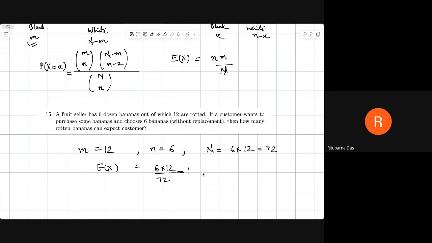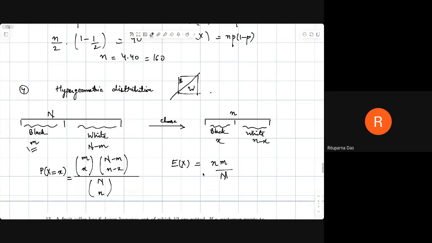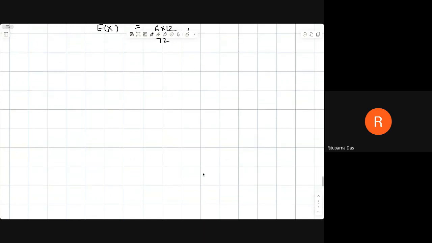Okay, so this is one more important distribution, the Poisson distribution. This is also a discrete distribution.